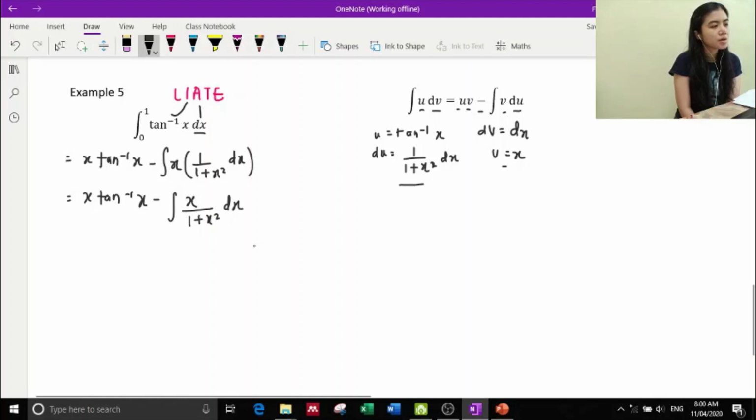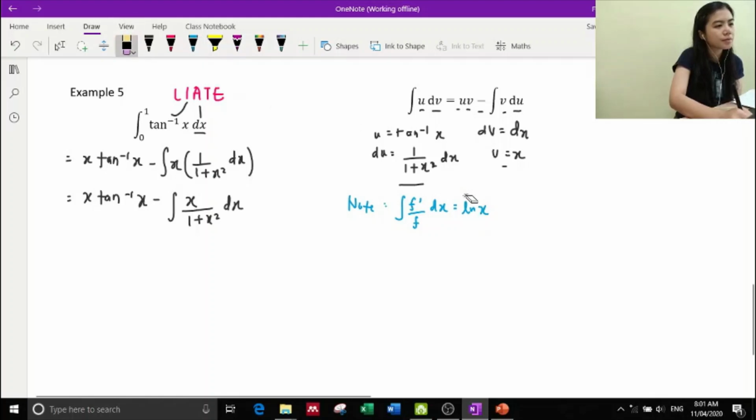You observe that we can use this formula: the integration of the function f prime divided by function f, in terms of x, is equal to ln f, plus c.